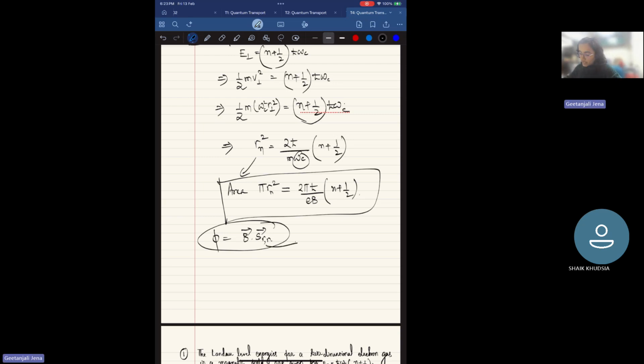So we know what is the area occupied, and we know B is in the Z direction and has a magnitude of B. So if you put the area here, this will give h by e, n plus half. This is the flux quantization in the presence of a strong magnetic field.